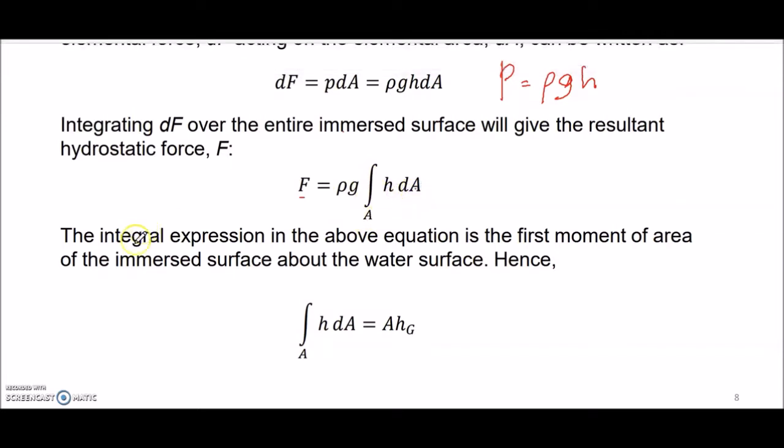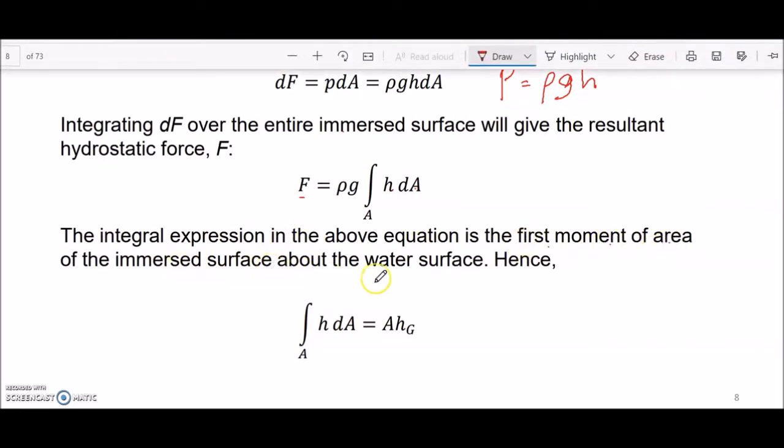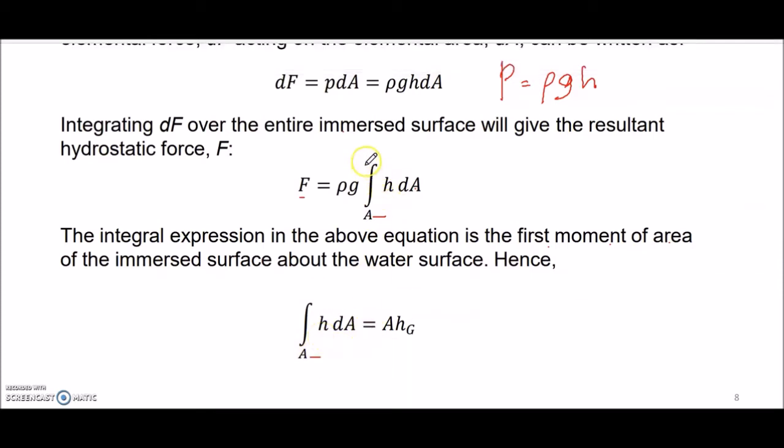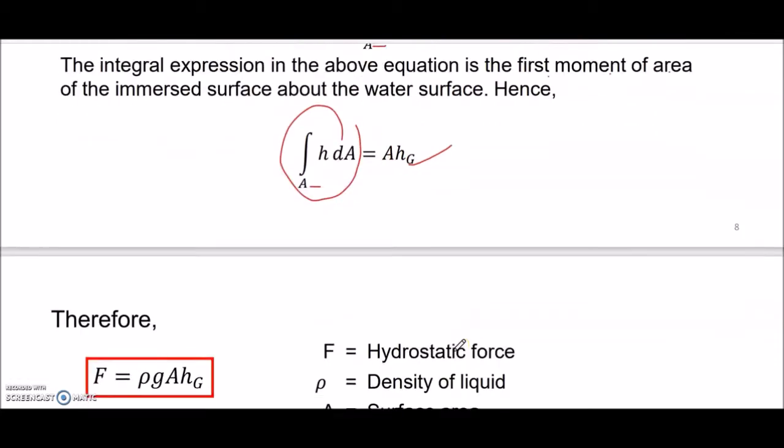Therefore, the integral expression above is the first moment of area of the immersed surface about the water surface. So we put the integration of area on the left side, and we simplify it into A times h_g.